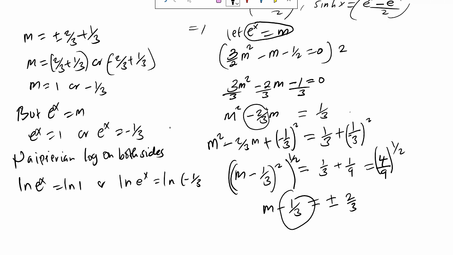So the Napierian log of a negative is going to give us an indeterminate value, so we ignore that one and work with the real values here. So ln e raised to x, that means that x equals to 0. That is how we go about working out such a problem.